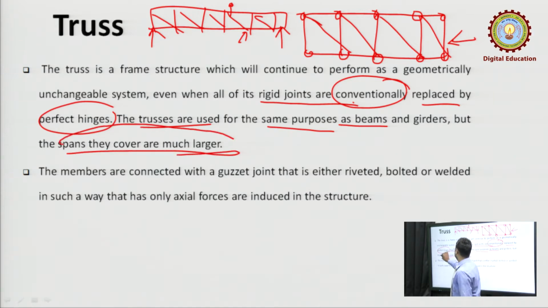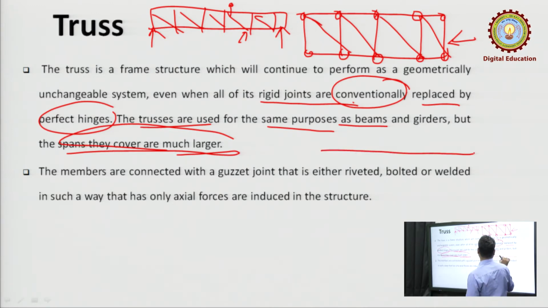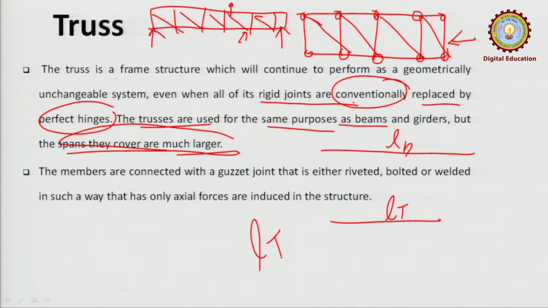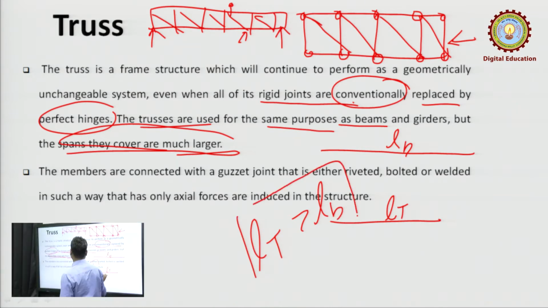That means if the length of the beam is LB and the length of the truss is LT, then for a truss LT should be greater than LB. You can use the truss in this condition.